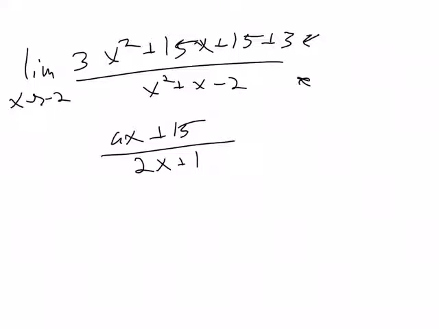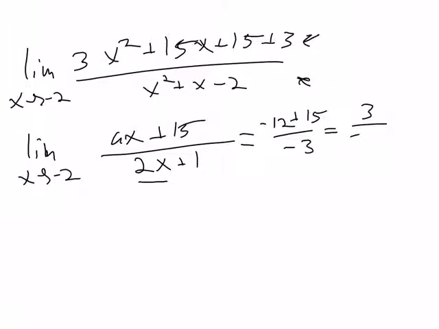I don't think so. So the limit as x goes to negative 2, we plug this in: the numerator is negative 12 plus 15, which is 3, and the denominator is negative 3, so 3 over negative 3 is negative 1. So the limit is negative 1, and we did that with L'Hopital's rule.